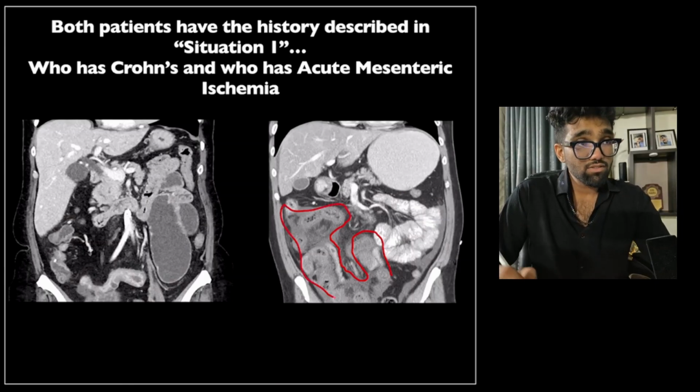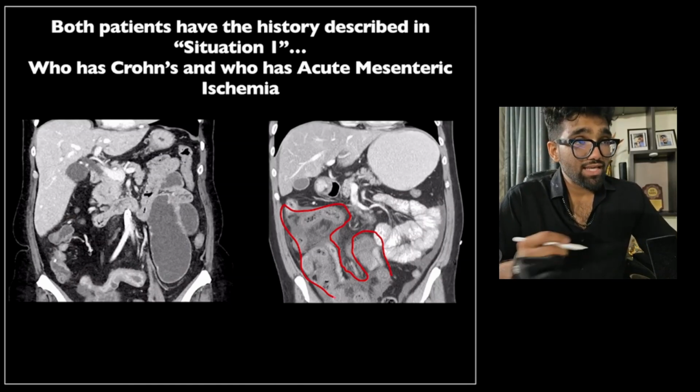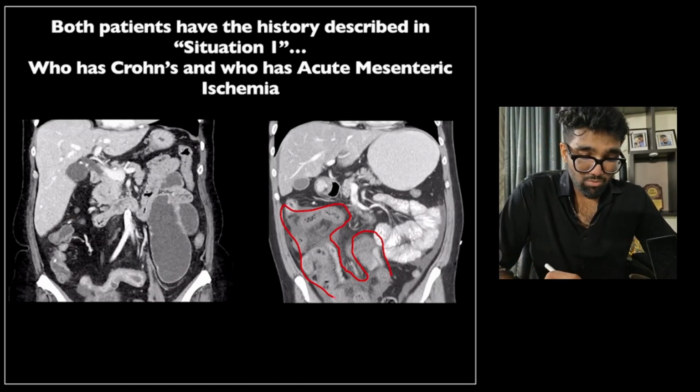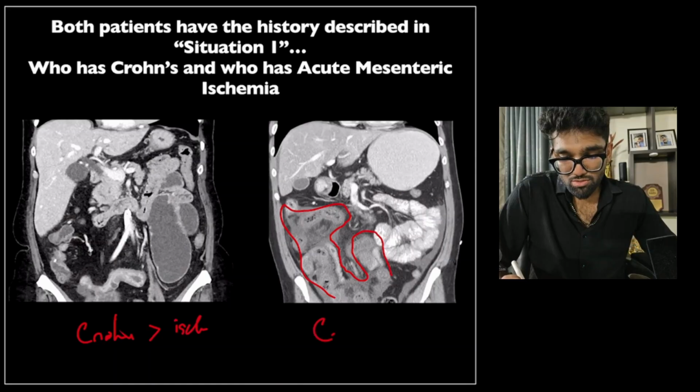So that would leave us with the possibility of mesenteric ischemia over other things. But again, in this situation, I cannot say that it is definitely mesenteric ischemia. Here, I would say that this is Crohn's more than mesenteric ischemia. Here, I would say Crohn's equal to mesenteric ischemia.